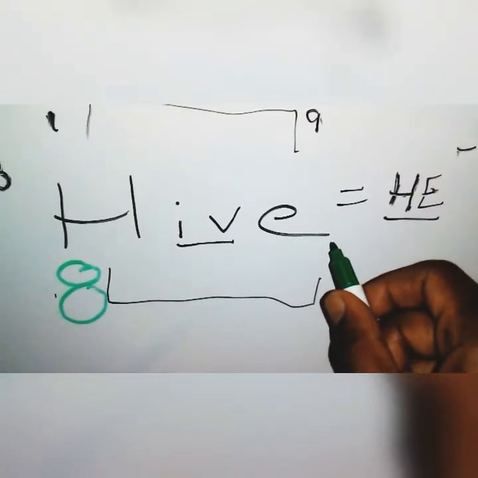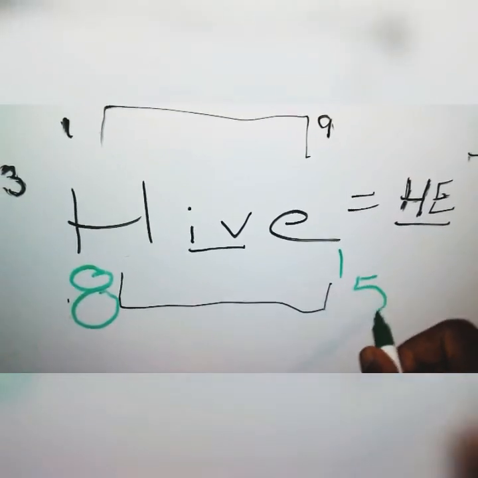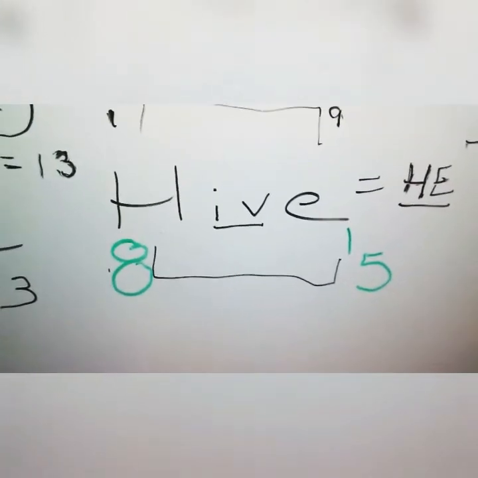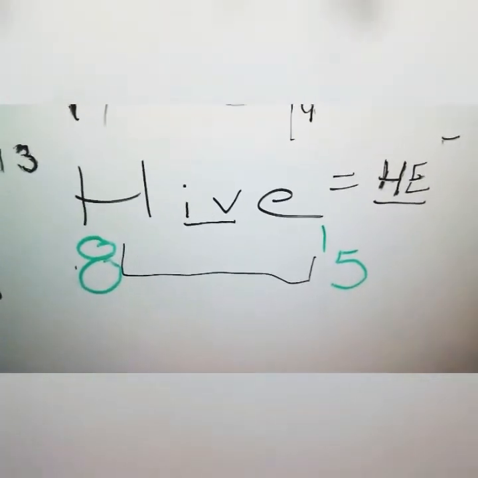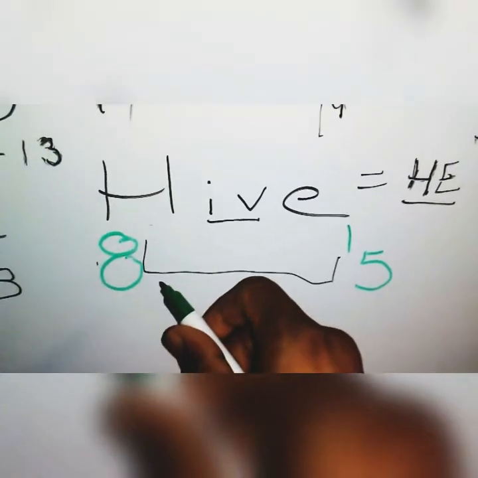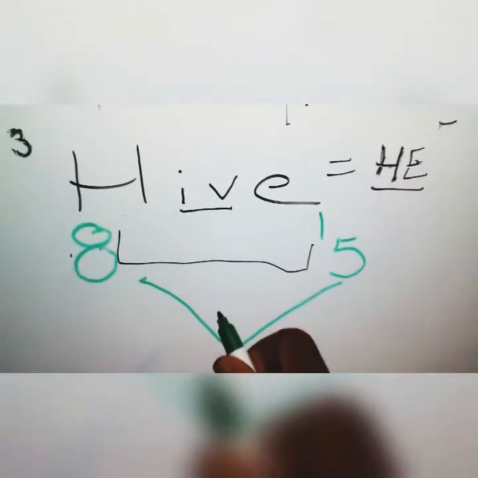And E is the 5th letter in the alphabet. So in he we have 13.